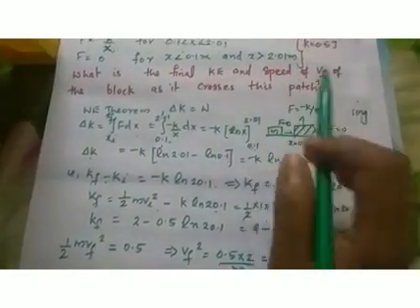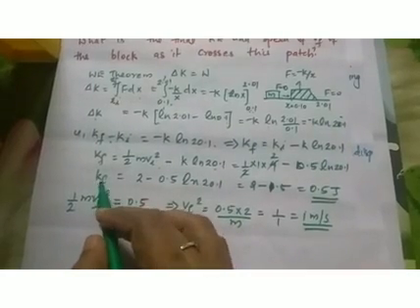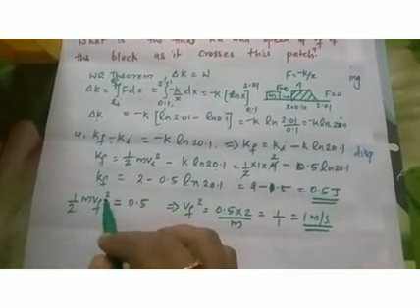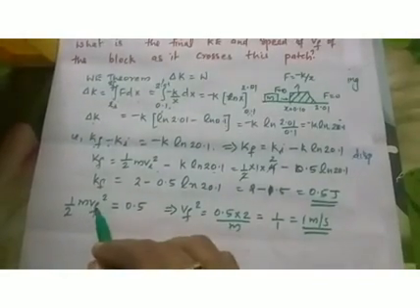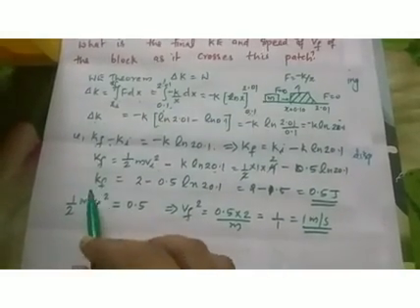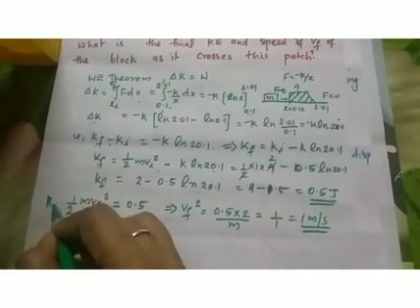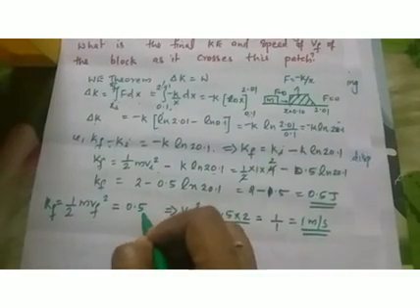Then we need to find out the final velocity also. So final kinetic energy is Kf and it is half m vf square. We calculated it as 0.5. So the final kinetic energy is 0.5 and we know that final kinetic energy is half m vf square, that is 0.5.